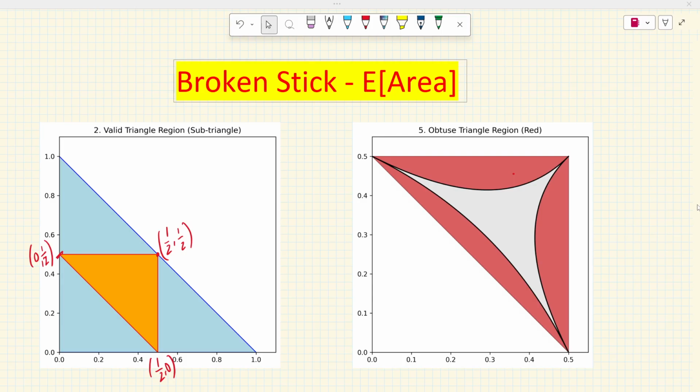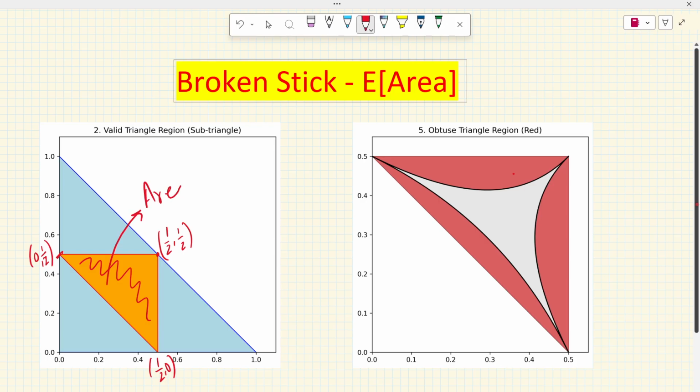So for the broken stick puzzle, so far we have figured out that this small inverted triangle of area 1/8 gives all the valid triangles from the three broken stick pieces. And when we zoom into this triangle, we get this acute angled triangle forming region and obtuse triangle forming region.